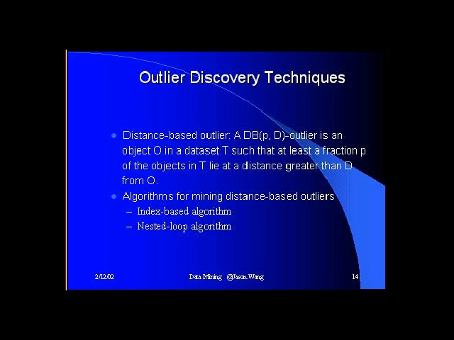So for example, we use R trees, or KD trees, or any other data structures to find nearest neighbors, or to find the near neighbors of a particular object. Suppose this object has enough near neighbors. In that case, this object is not considered an outlier.